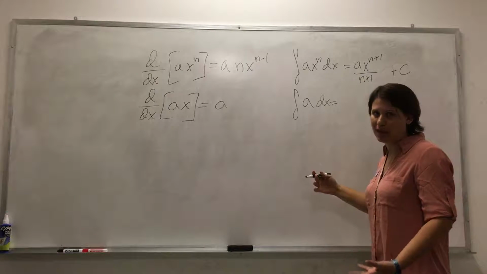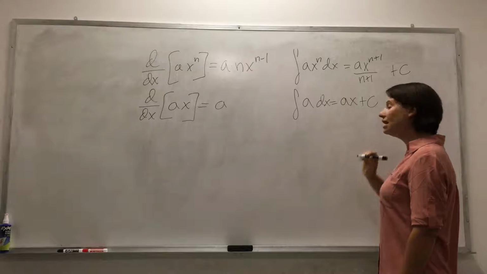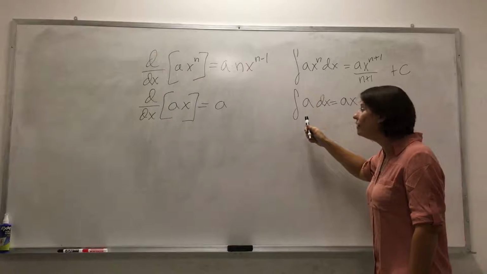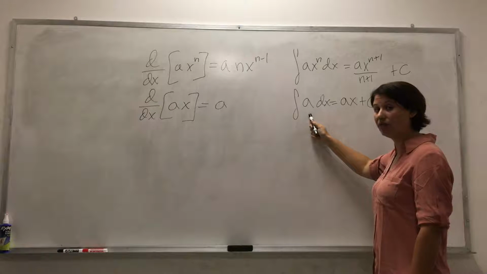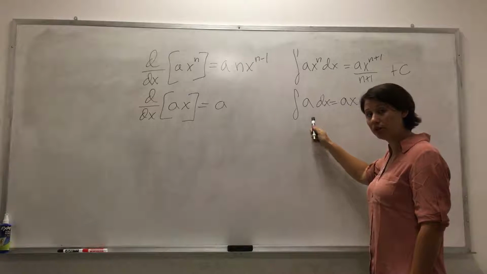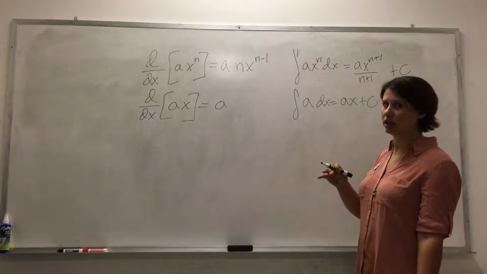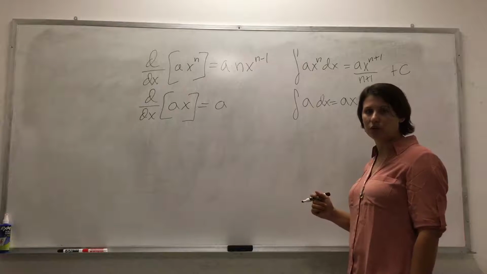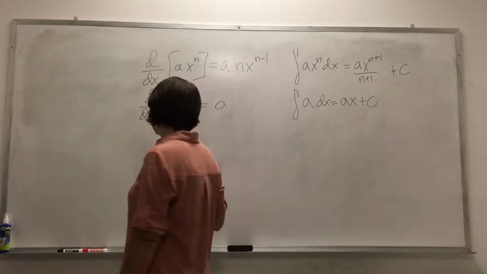It gets the variable back. So, ax plus c. We can always check our answer by taking its derivative. If we take the derivative of this, we should get back to a. If we don't get back what we started, well then we did something wrong, right? Either in our derivative or our antiderivative. Usually, by now, we should be pretty good with derivatives. So that would mean check your antiderivative.